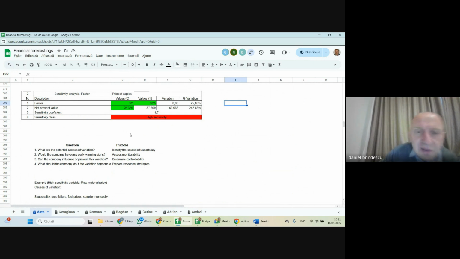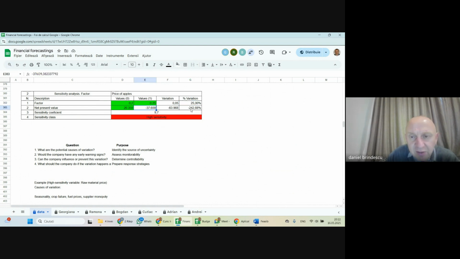So I have simulated an increase in the price for a kilo of apples from 0.2 euros to 0.25. So a relative variation of 25%, which generates a reduction of the net present value to minus 37,000.